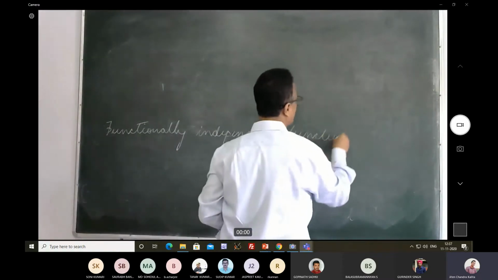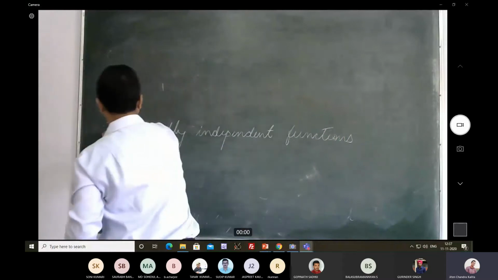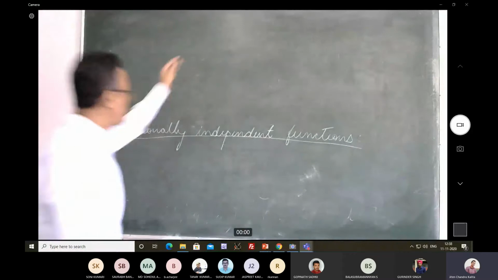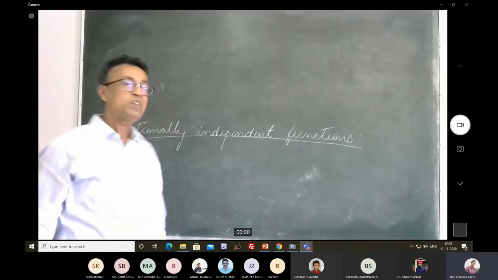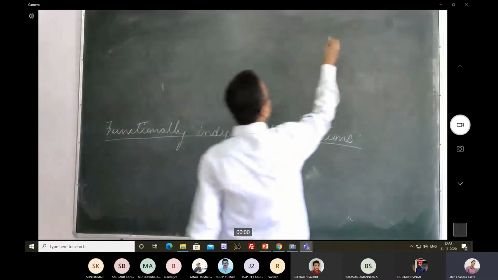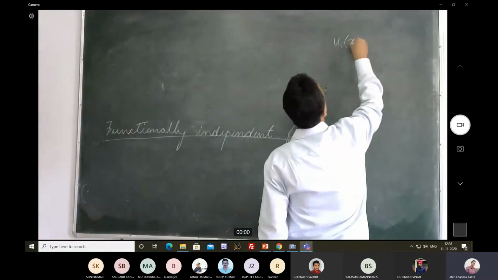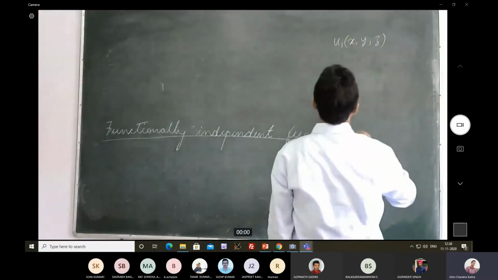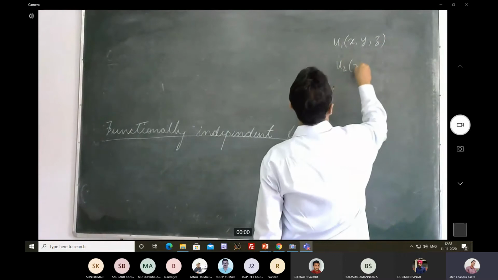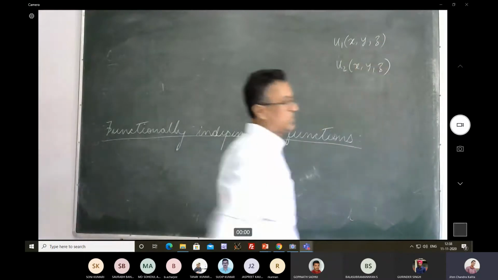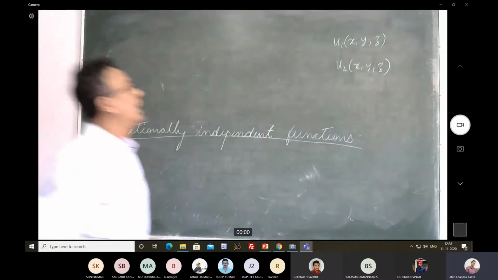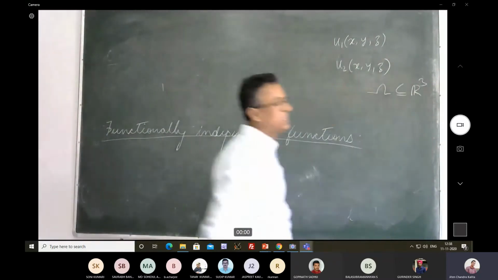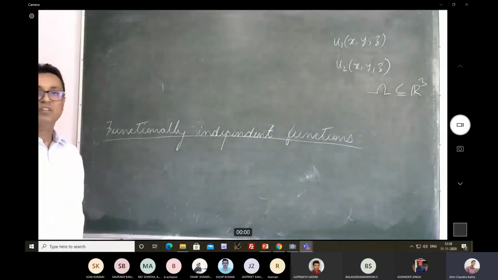Of course, we are considering functions of 3 variables. Before giving you the definition, suppose I have a function u1(x,y,z) and I have another function u2(x,y,z), and suppose I am defining them in some region omega in R3.